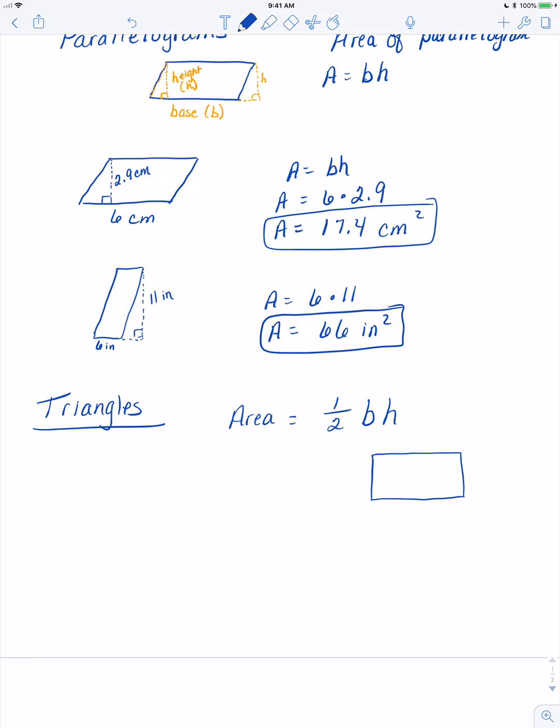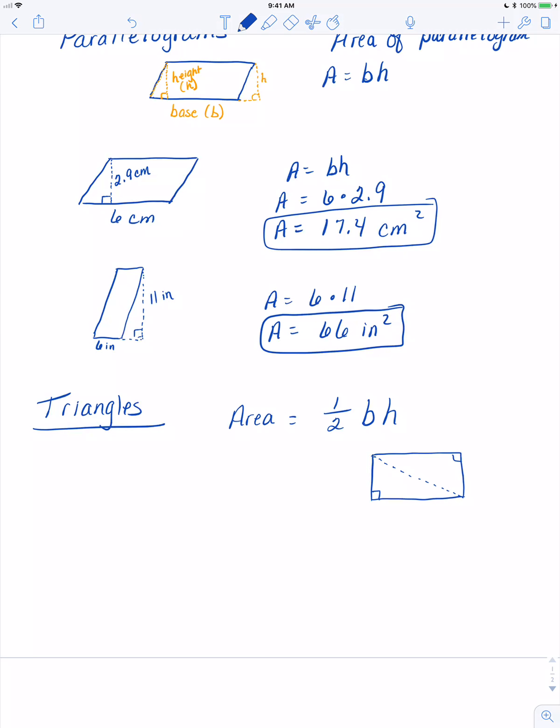And so think about, if we create a triangle, really, we can create a perfect triangle by drawing a diagonal through a rectangle. So that's where we get the area of one triangle is 1/2 base times height. So you see how a triangle is half of a rectangle. So that's pretty cool.